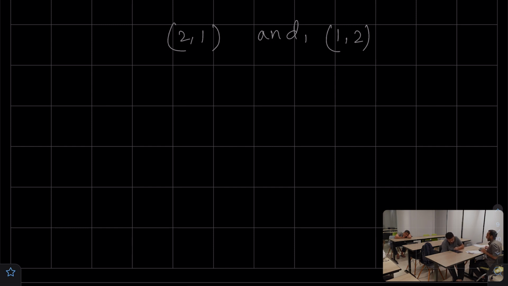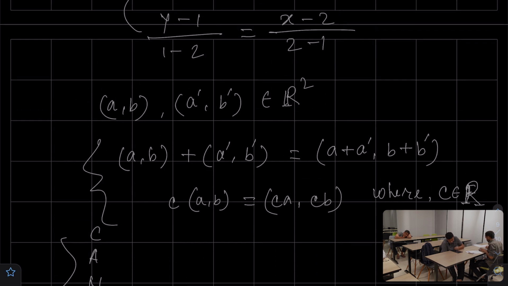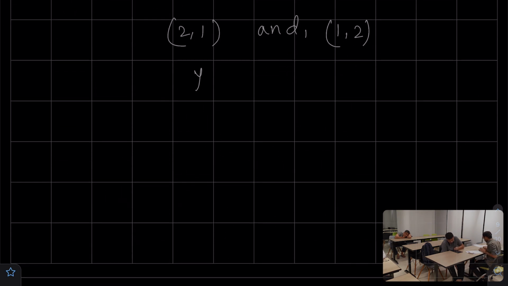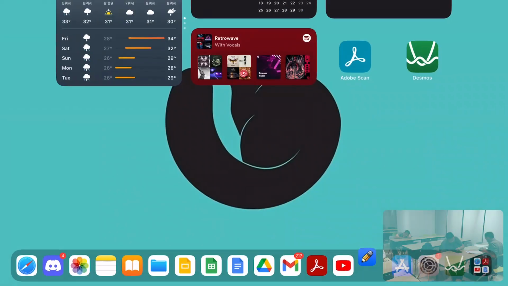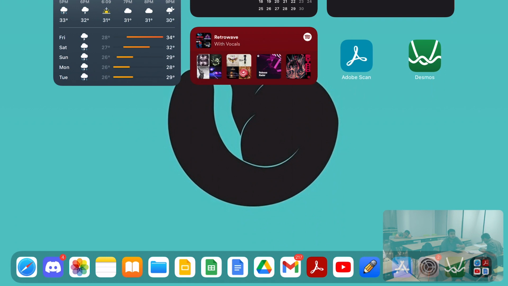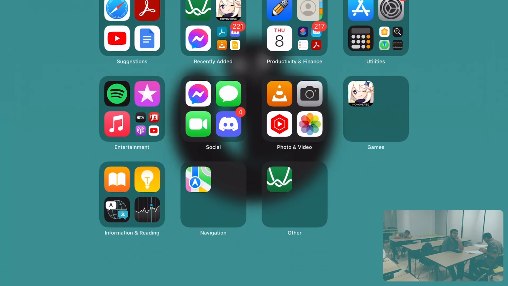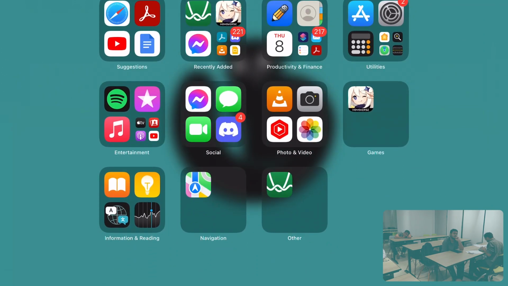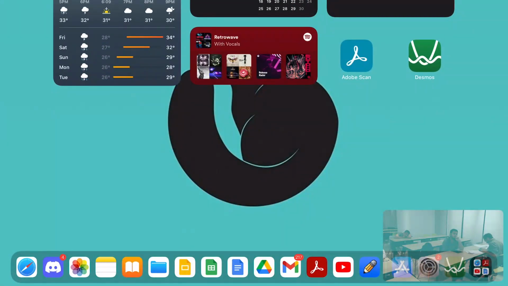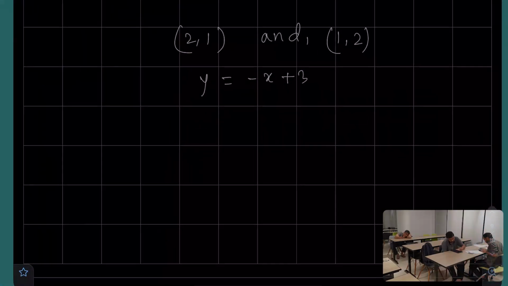So the equation of the line is y equals minus x plus 3, right? Now, what is this one? I think I forgot this one.